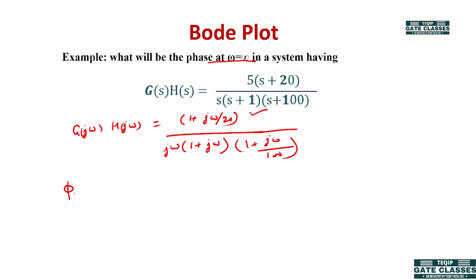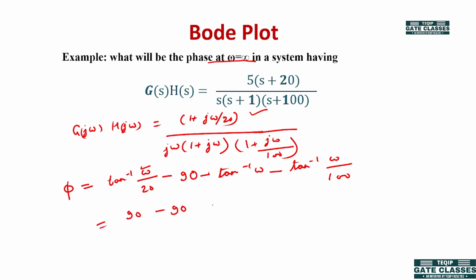If we write the transfer function, this term will contribute the angle tan inverse omega by 20. This term will contribute a constant angle of 90 degrees. This pole will contribute the angle tan inverse omega, and this pole will contribute the angle tan inverse omega upon 100. So if we put omega equal to infinity, we get this angle would be 90 degrees.